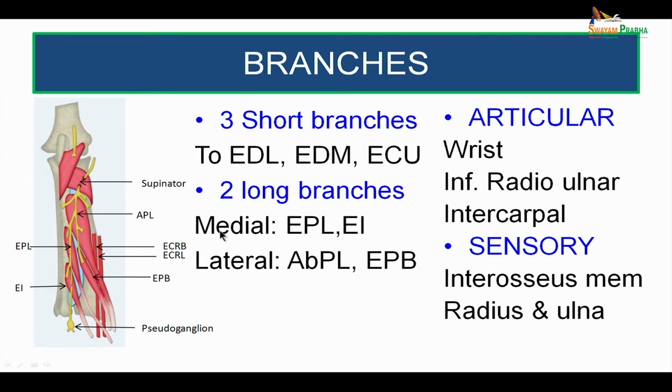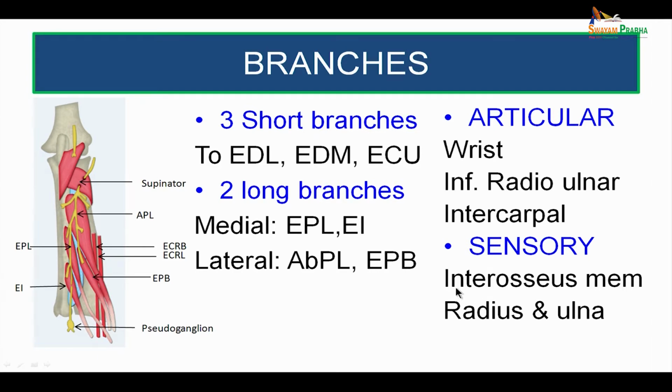The medial of those supplies the extensor pollicis longus and extensor indicis, whereas the lateral set supplies abductor pollicis longus and extensor pollicis brevis. These branches also give articular branches to the wrist, inferior radioulnar joint and to the intercarpal joints.